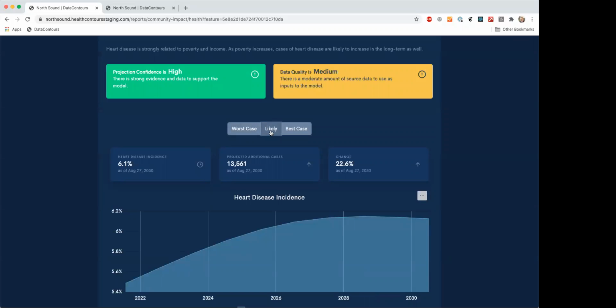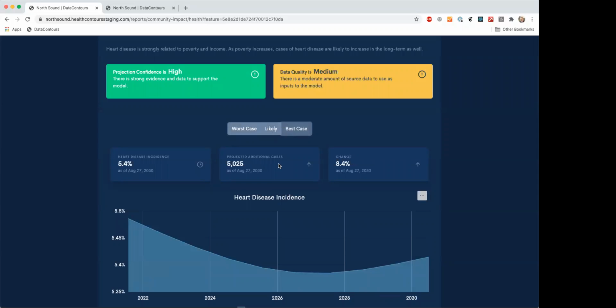If we're in the likely scenario, it would be about a 22% increase, which would be 13,000 additional cases over 10 years. And then the best case would be about 5,000 additional cases, or about 8%.